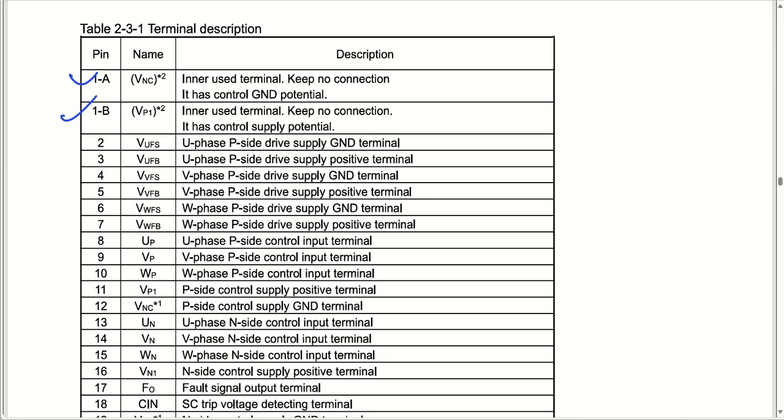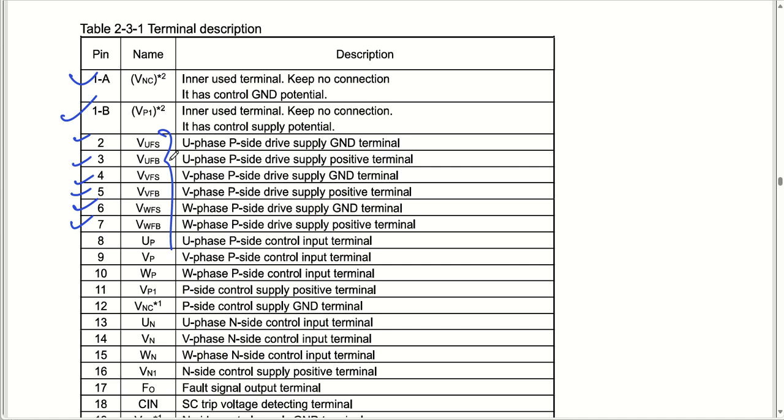Similarly we have pins 2, 3, 4, 5, 6, 7. These 6 pins are UFS, UFB, VFS, VFB, WFS, WFB. These are the U phase P side drive supply ground terminal and positive supply terminal.